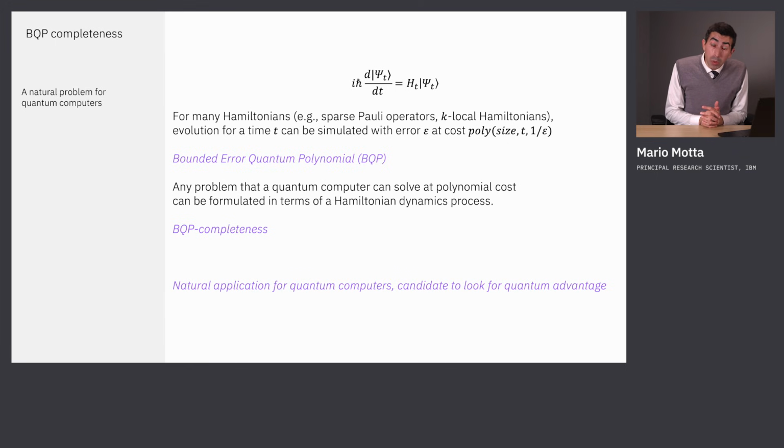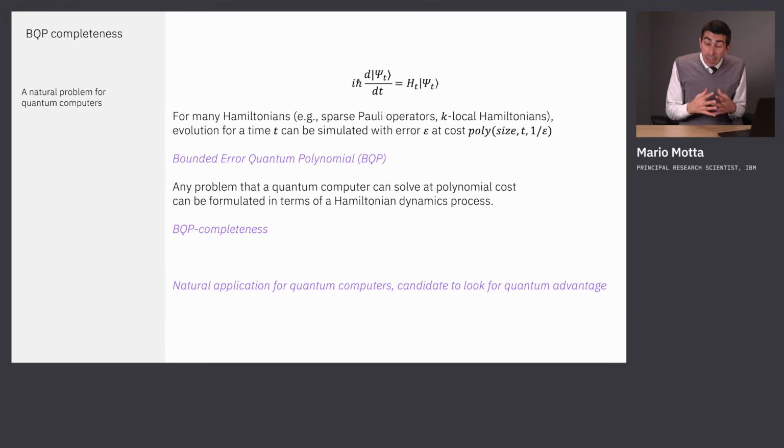Indeed, for a broad class of Hamiltonians, not all Hamiltonians, but many of them, some of which are very physically relevant, sparse Pauli operators, K-local operators, the time evolution for a time t can be simulated with an error, let's say epsilon, at a cost that is polynomial in system size, evolution time, and inverse of the target error, up to polynomial.